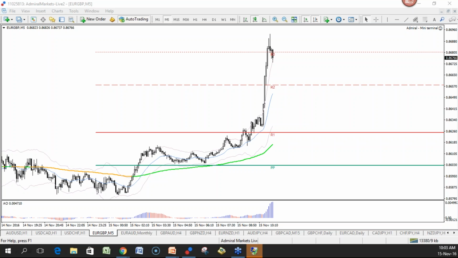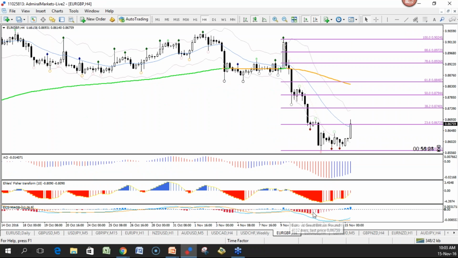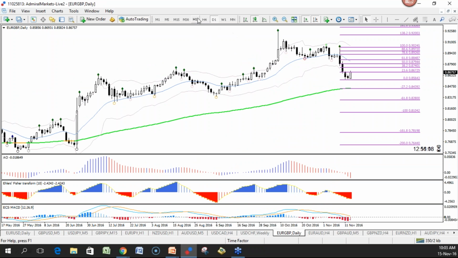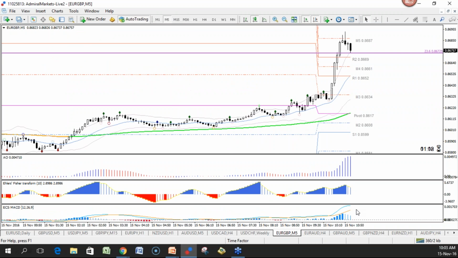Let me take a look at the higher time frames quickly. I would expect some kind of retracement, and these oscillators go back to the zero line.